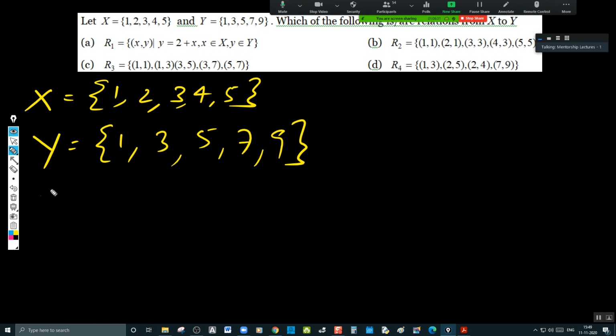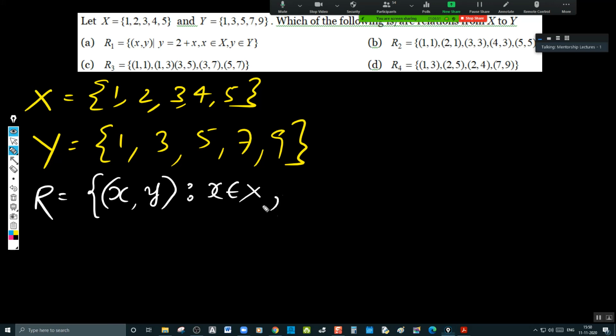If I want to define a relation, I must say in this form: it is an ordered pair x comma y such that x belongs to the first set X and y belongs to the second set Y. This is the meaning of relation, first of all.